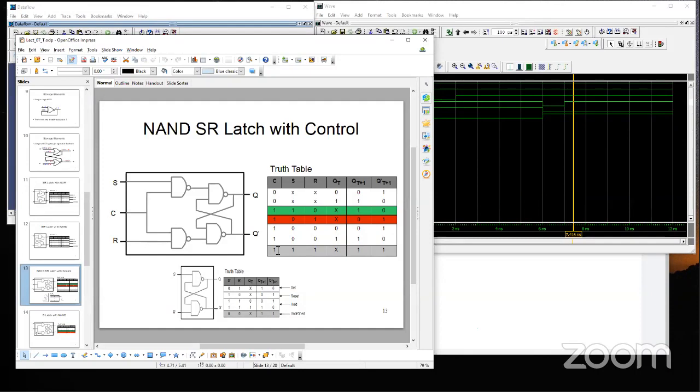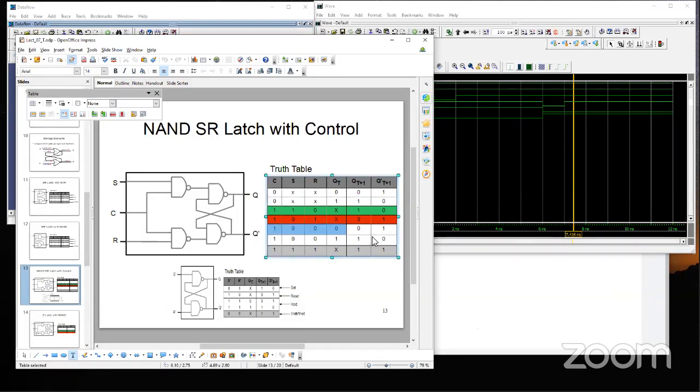This specific circuit still has an undefined condition. That is, if C is 1 and S and R are both 1, then the inner S bar R bar latch will be having 0, 0, which is an undefined condition for the inner latch. Okay, so we still have that. But we can eliminate it with a little observation. If C is 1 and S and R are zeros, that is a hold condition, these two lines.